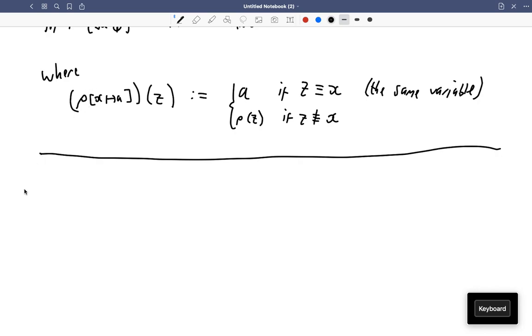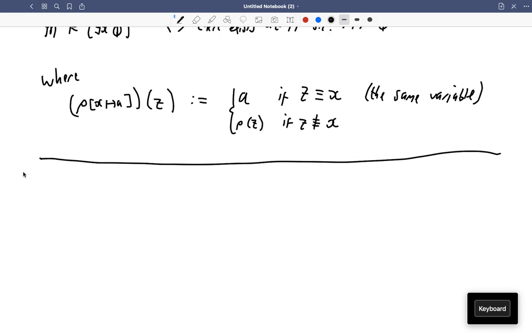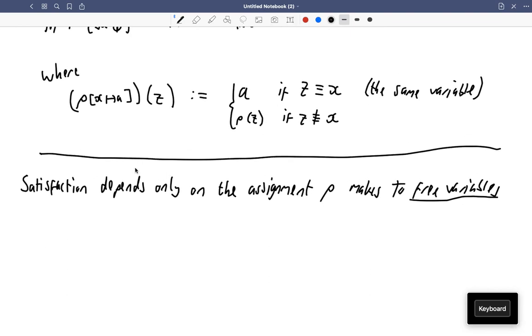The first one is that satisfaction depends only on the assignment rho makes to free variables. That can be formulated as a lemma.